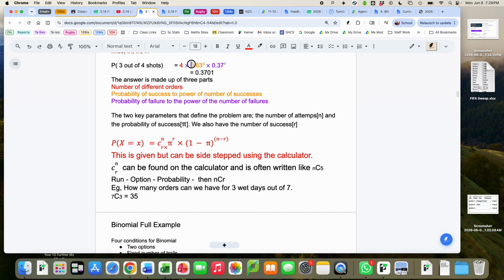So in our case, the pi would be the 0.63. 1 minus pi equates to our 0.37. And 1 minus 0.63 does give you 0.37. That's the whole point. And the powers will add to however many shots there are.